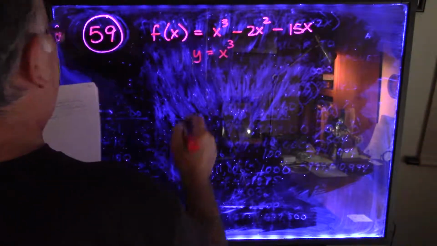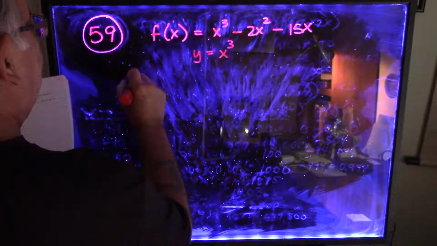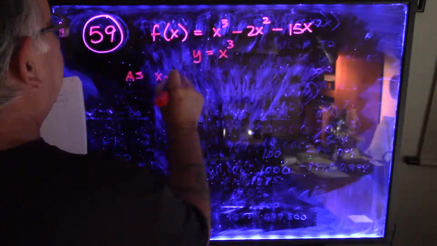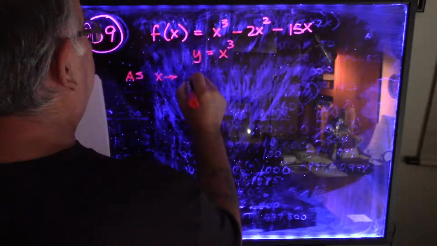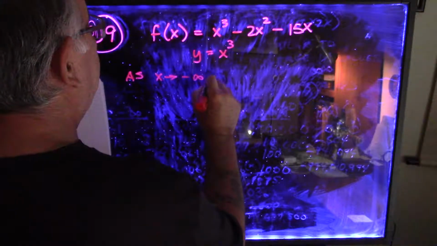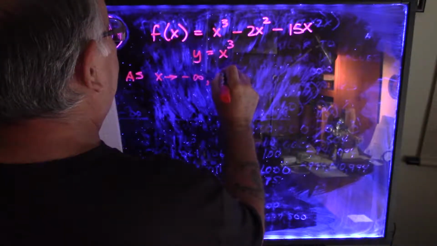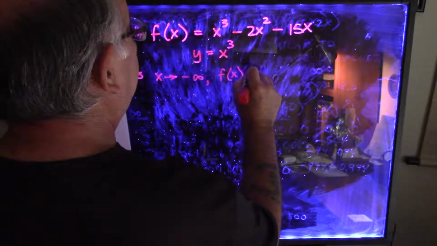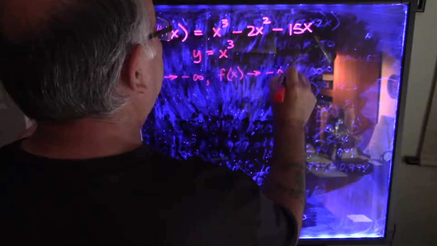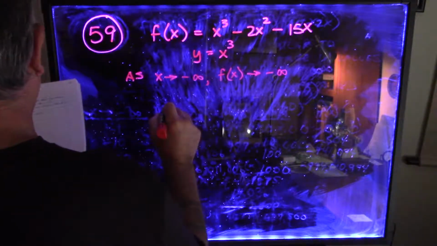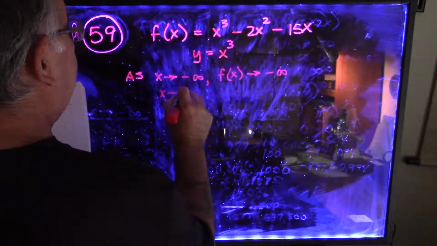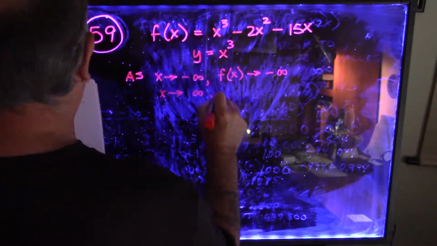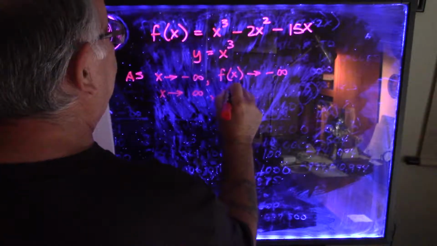All right, so as x goes to negative infinity, f of x goes to negative infinity. And as x goes to positive infinity, f of x goes to positive infinity.